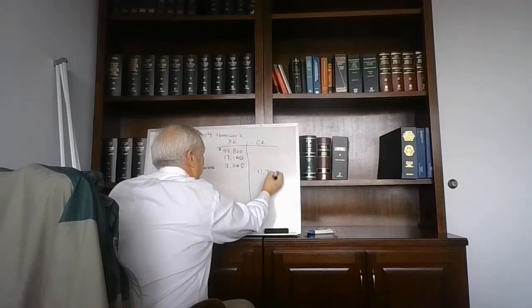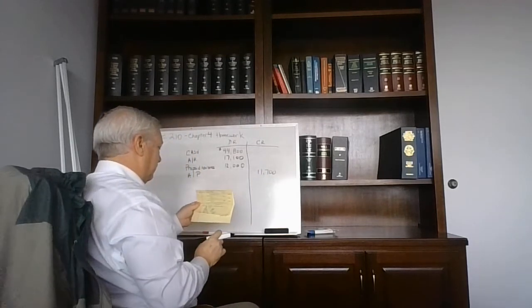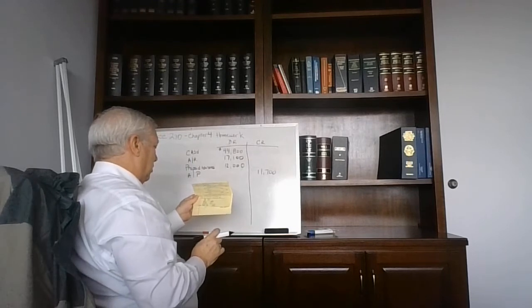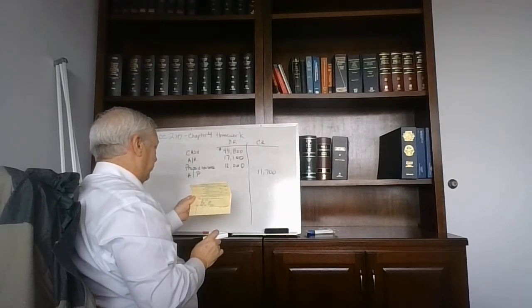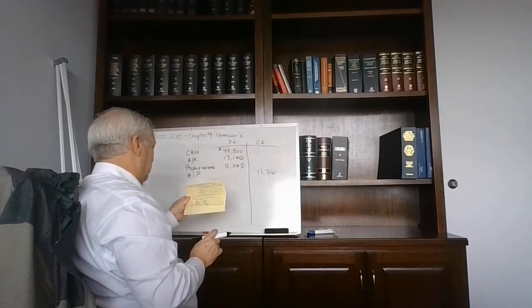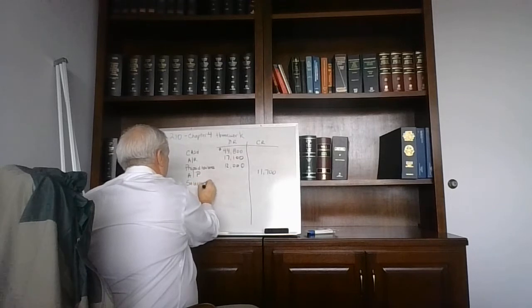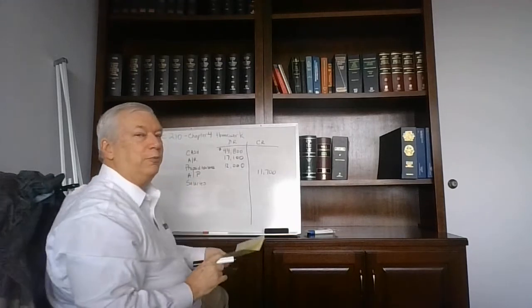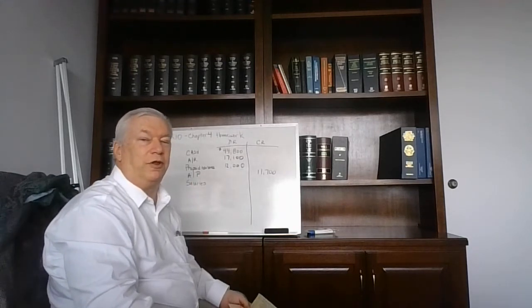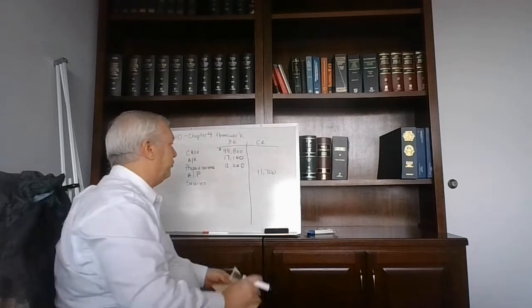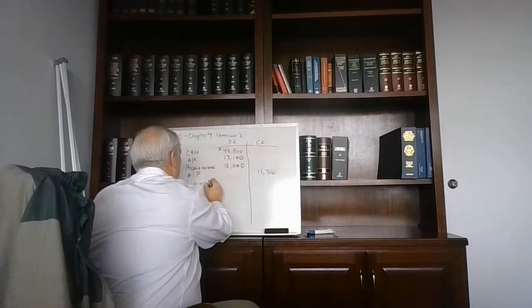There were no adjustments to it at period end. Then we have our salaries payable. That was a new account that we set up with one of our adjusting journal entries.